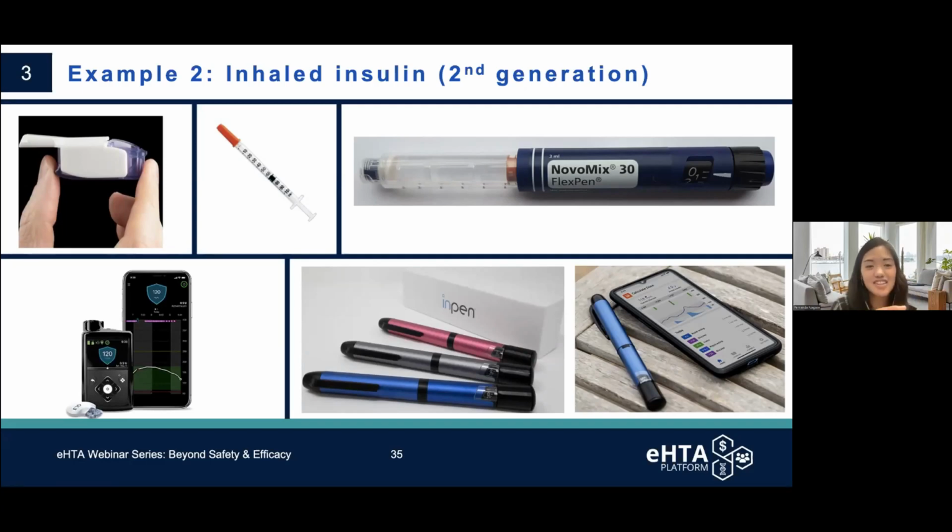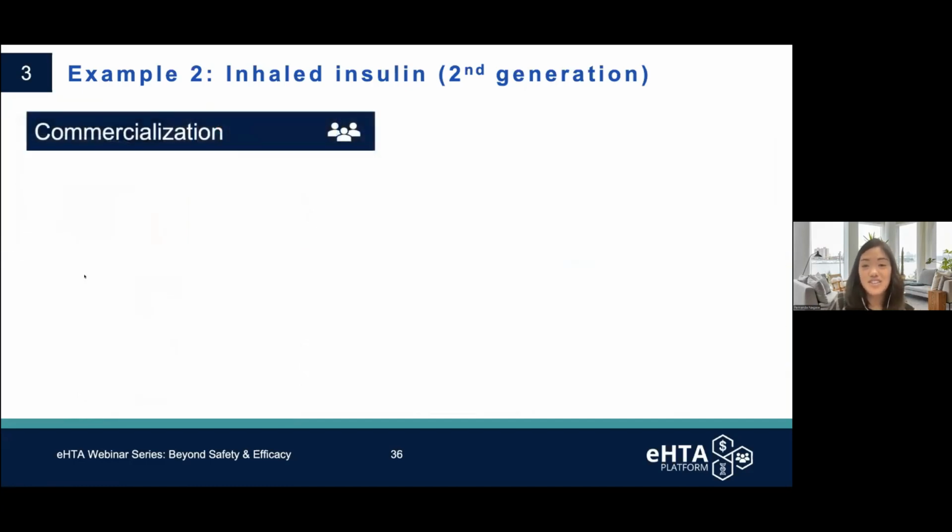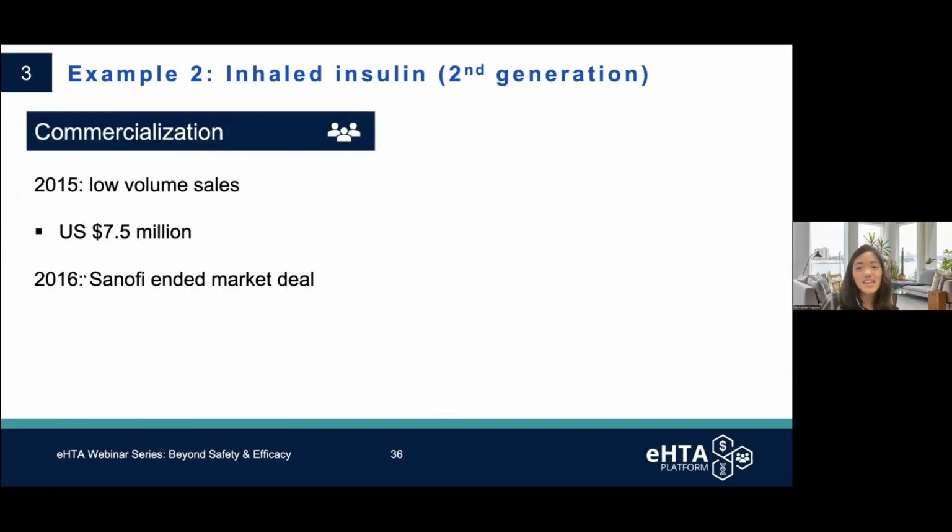And fancy new ones can also show you the dosage that you are taking, tracking, and everything. So as a result, based on the huge competition, the sales have not been great for Afrezza. For example, in their first year, they were only able to generate about $7 million.